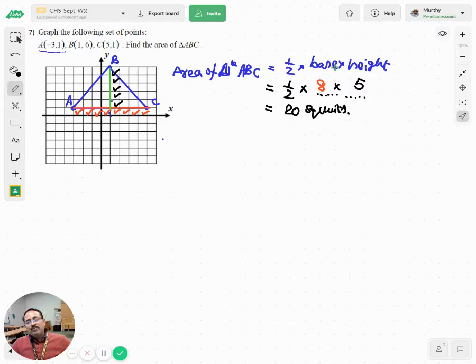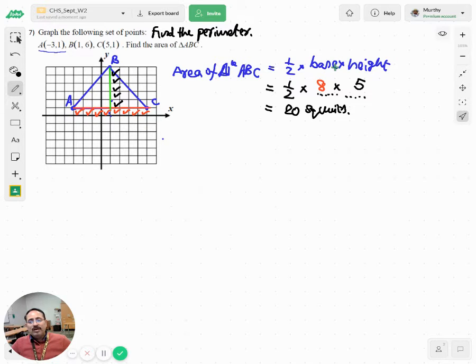But if you are asked to find the perimeter, it is not as easy as finding the area. In this question, area is asked, but just assume that you are given the question to find the perimeter also. You are asked to find both.